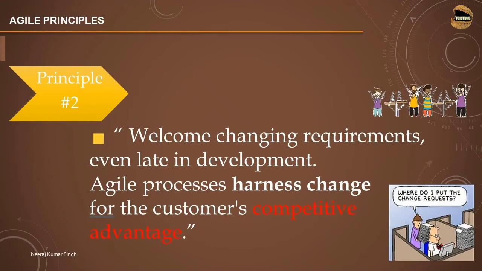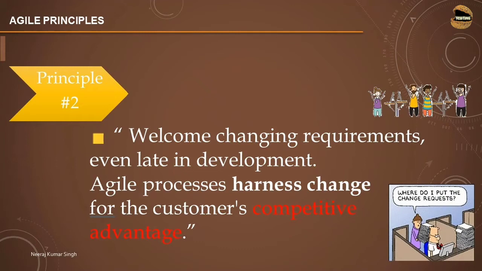Principle number 2. Welcome changing requirements, even late in development. Agile processes harness change for the customer's competitive advantage. When you talk about the customer, it's more about meeting the expectations of whatever you are creating. When you're creating a product, it's most important to meet the customer's expectations.